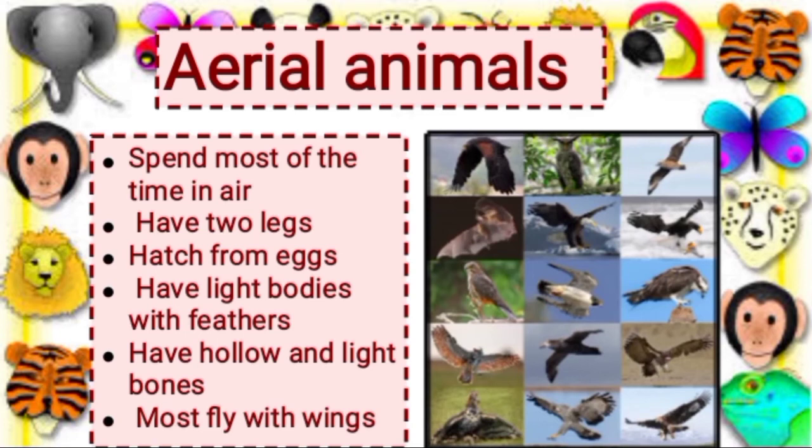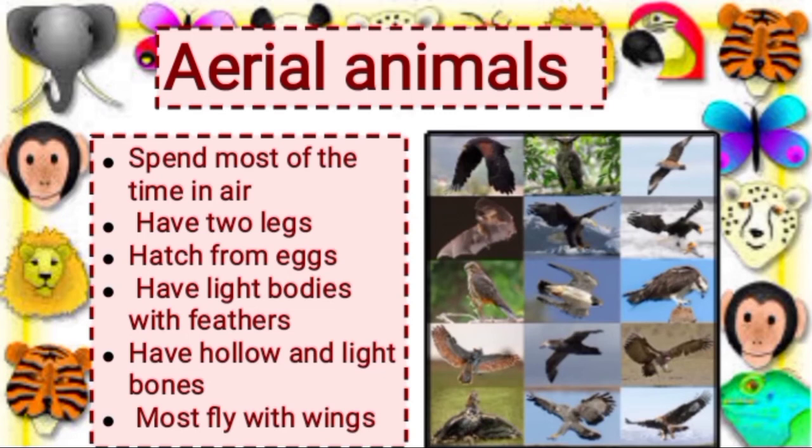Their body shape is such that they are able to cut through the air easily, and almost all birds except flightless birds belong to this group. Even bats also form a part of this group.